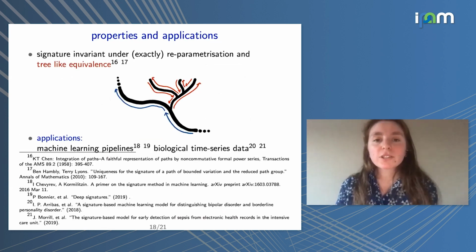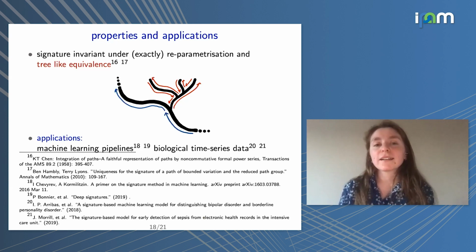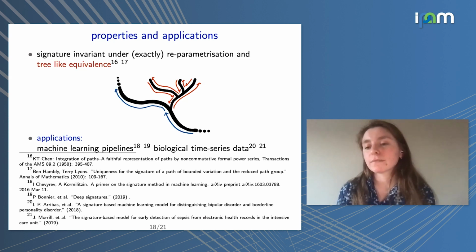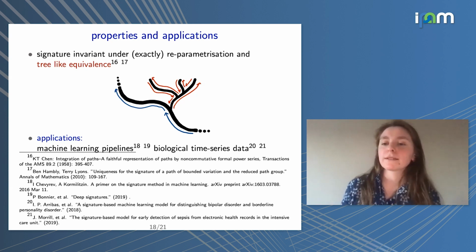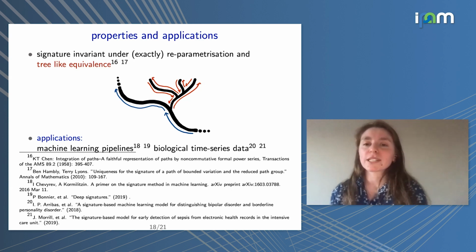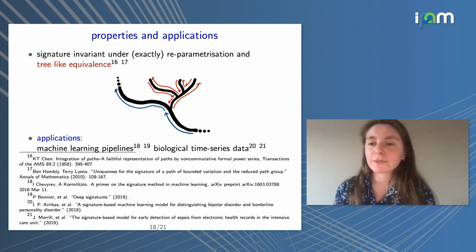Okay, so signatures are widely studied and are known to represent paths faithfully in some sense. So the signature is invariant under reparameterization of the path. So if you have two paths that are the same, but one is a reparameterization of the other, it won't notice that difference.